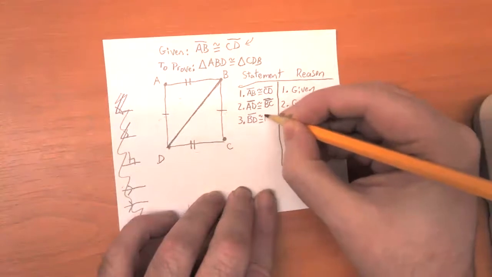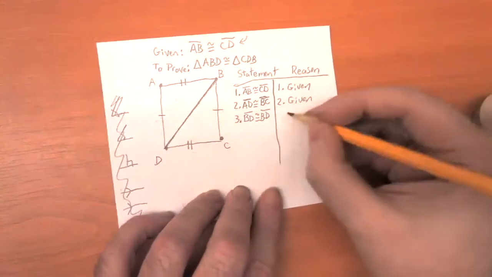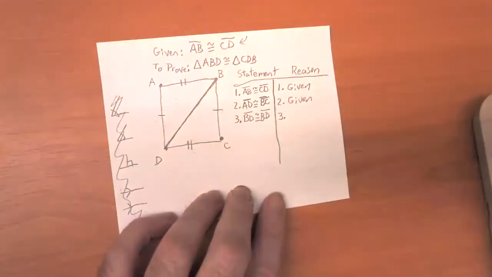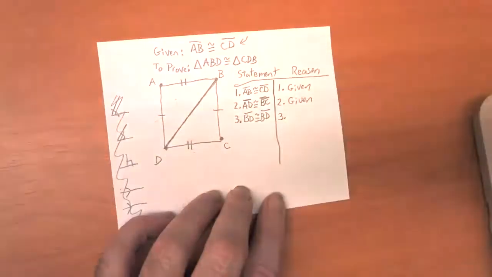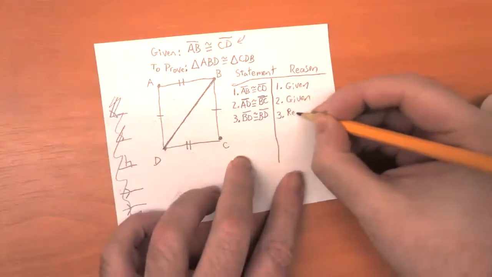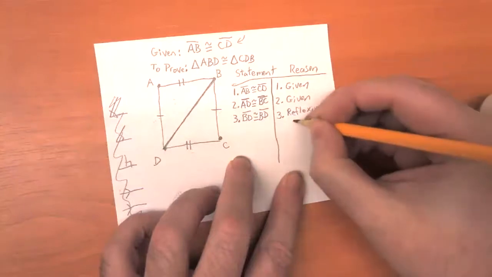If you ever feel that it would be a useful thing to do, you could say that something is congruent to itself. And that's not given. It's obvious, but there's nothing that they told us that said that BD is congruent to itself. This is something that we will call the reflexive property.